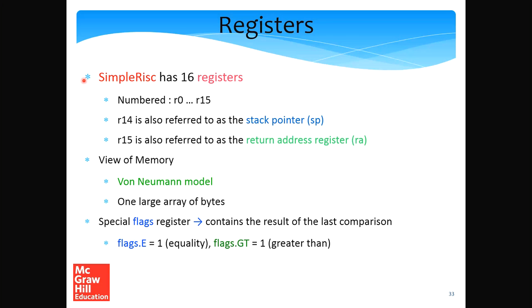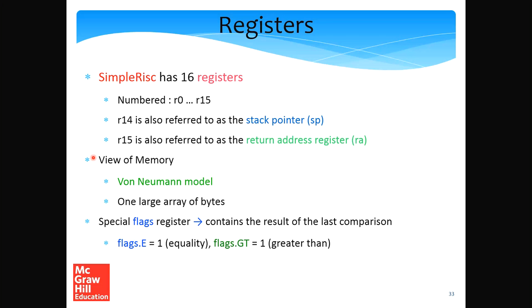Similarly, let us refer to R15 as the return address register or RA. The terms stack pointer and return address register actually correspond to pretty complex concepts. We'll discuss what they are in future slides, but for the time being let's just remember that the stack pointer SP is R14 and R15 is the return address register. They have some special meanings.